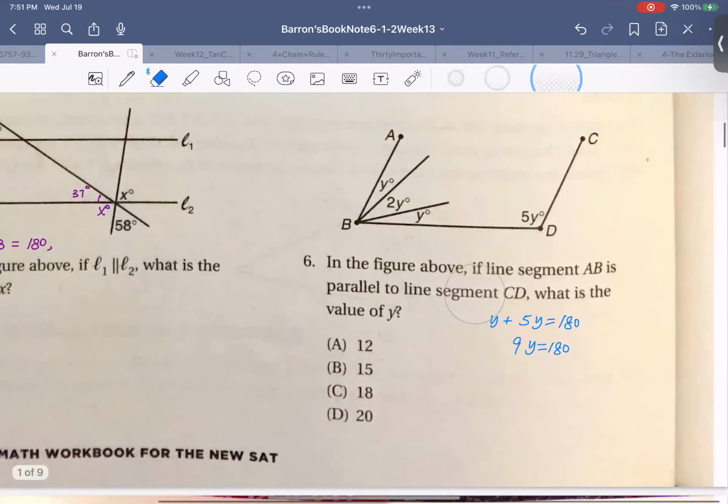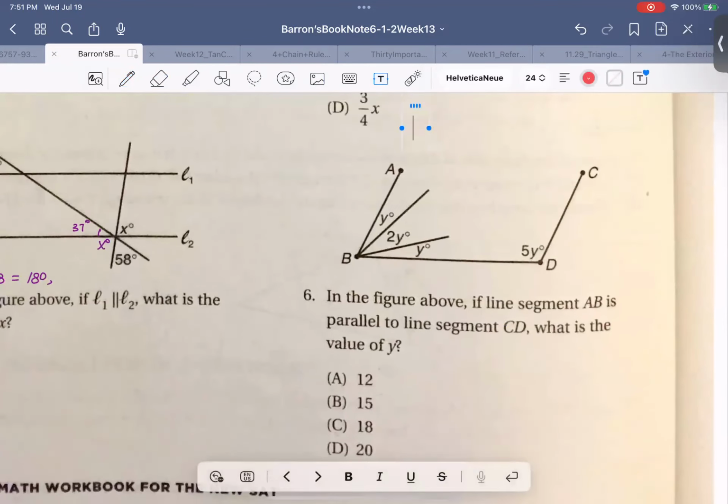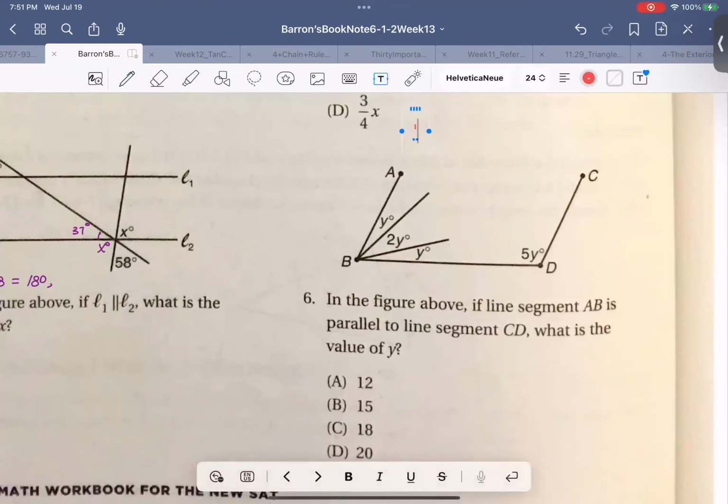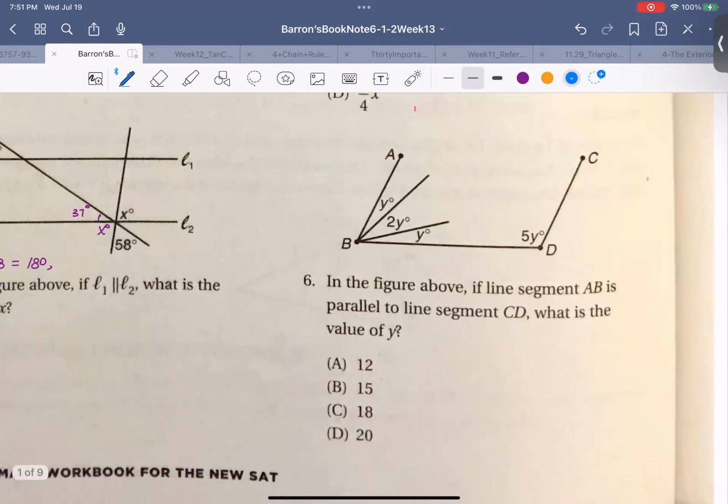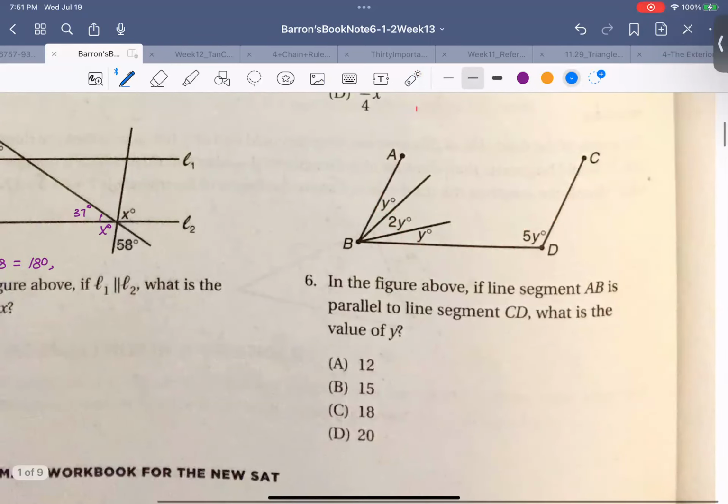Next one, Jeffrey. Look at this graph. Let's go ahead. Have an equation, please. Okay. 5y plus 4y equals 180.